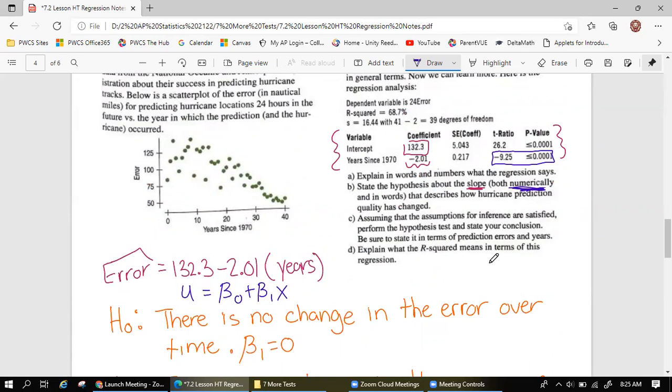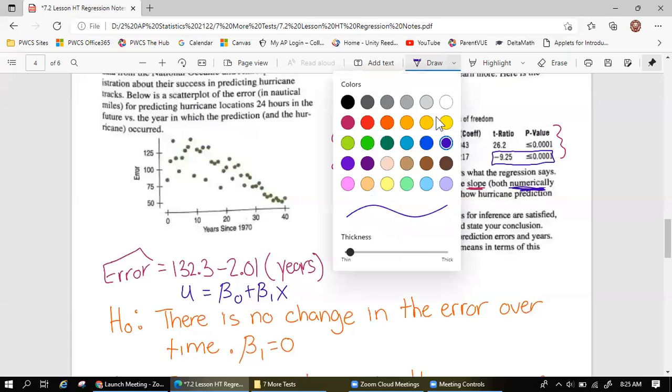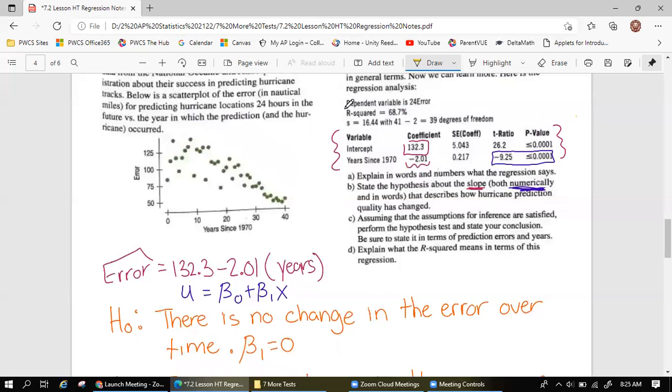And the last thing this problem asks to do, which is something we talked about before, but I think it's important to go over again, is what does R squared mean? So we get an R squared value up here. You got to kind of look for it. R squared is a percentage. It's quite literally the correlation coefficient R squared.